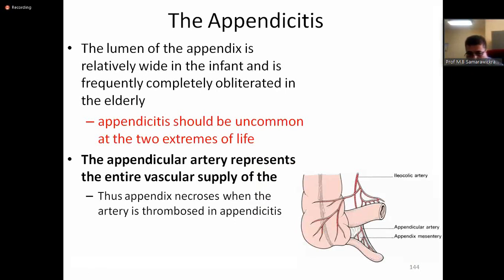In contrast to the gallbladder, which is the second commonest structure to get inflamed within the abdominal cavity, and it has dual supply from the cystic artery and via the hepatic bed. Therefore, in cholecystitis, the gallbladder is rarely gangrenous, because even though the cystic artery is thrombosed, it has supply from the hepatic bed.